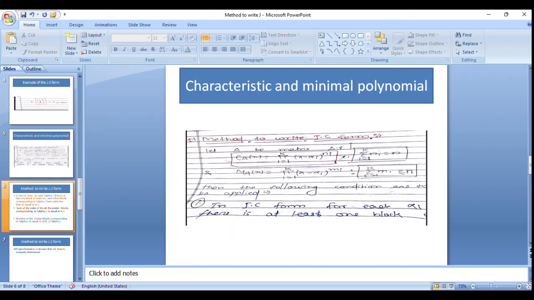So at least one block corresponding to alpha_i should be of order m_i, and the other blocks will be of size less than or equal to m_i.